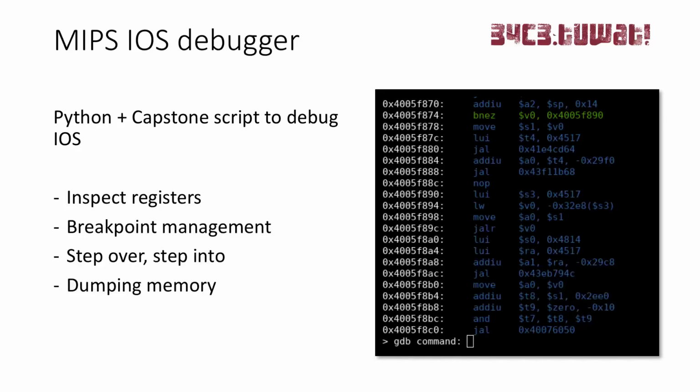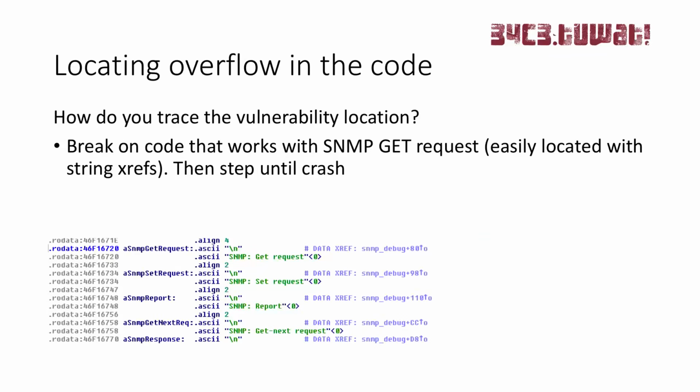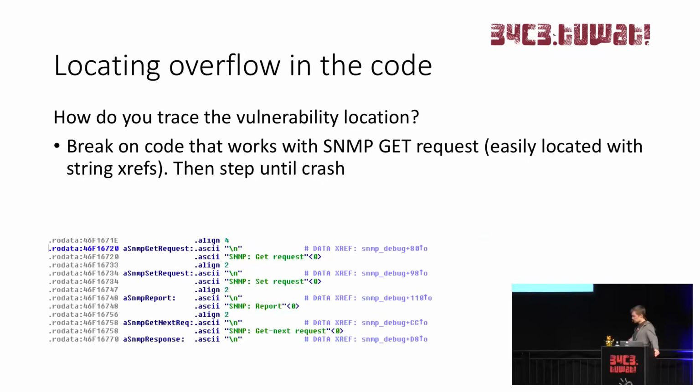So to find the SNMP overflow in the code, how do you do it? Basically, since we have all the string cross-references, you can follow the strings that reference SNMP GET request and just step until the crash.